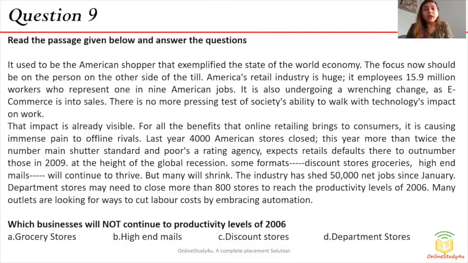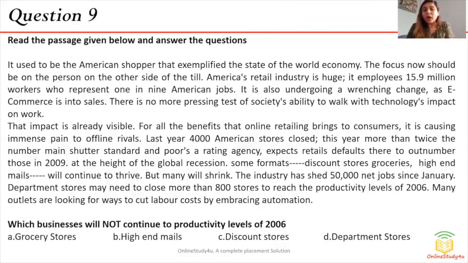For all the benefits that online retailing brings to consumers, it is causing immense pain to offline rivals. Last year, 4,000 American stores closed. This year, more than twice the number. Standard and Poor's, a rating agency, expects retail defaults this year to outnumber those in 2009, at the height of the global recession.